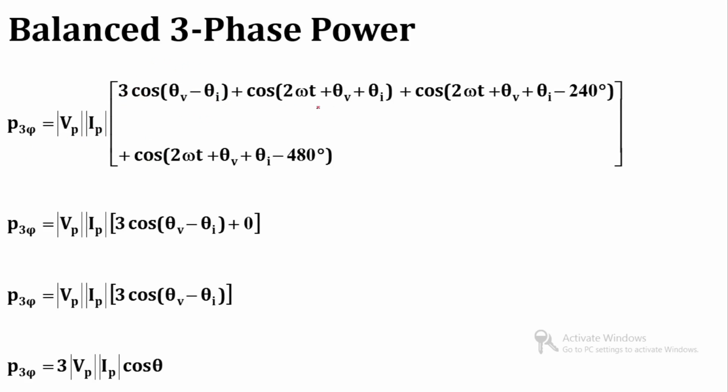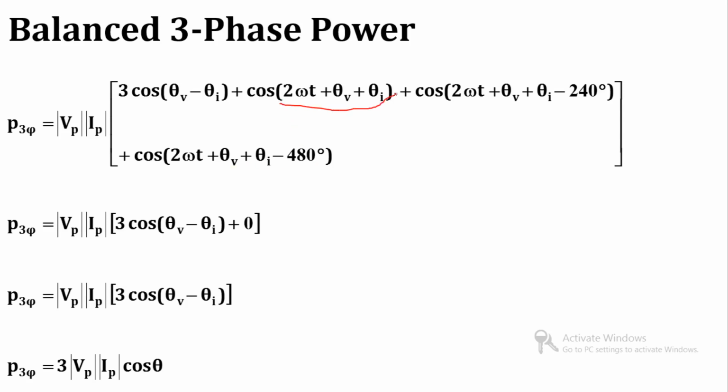The remaining terms are cos(2ωt + θv + θI), cos(2ωt + θv + θI − 240), and cos(2ωt + θv + θI − 480).